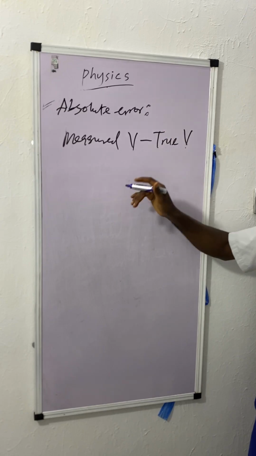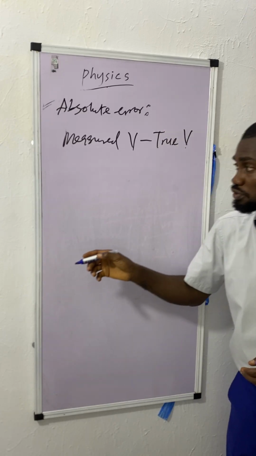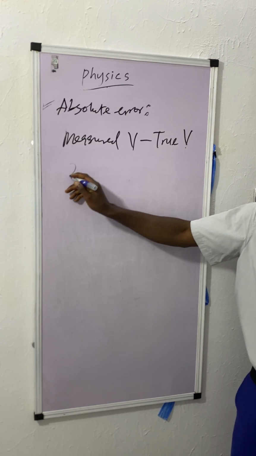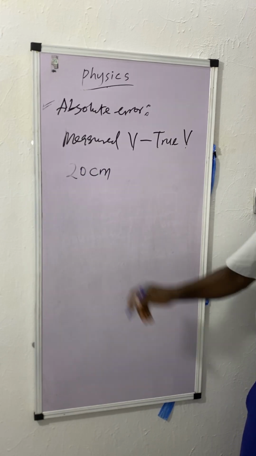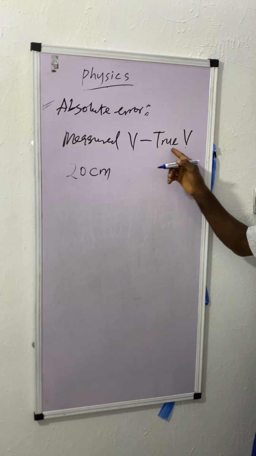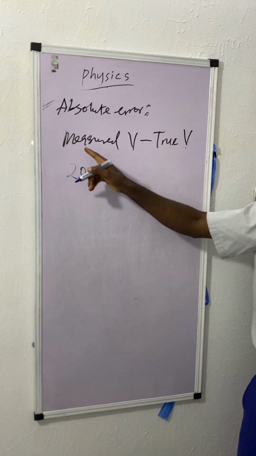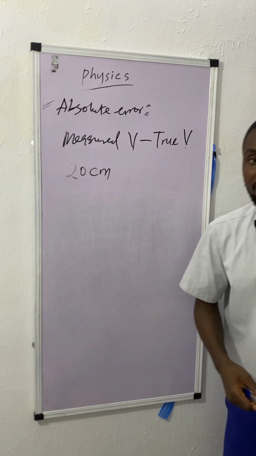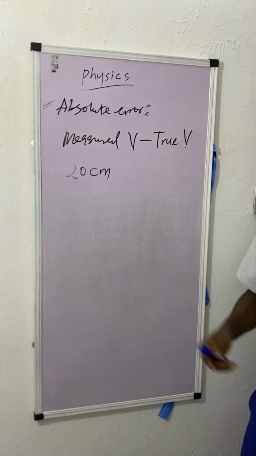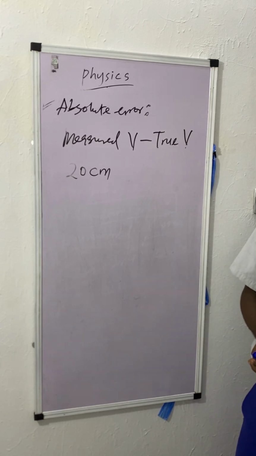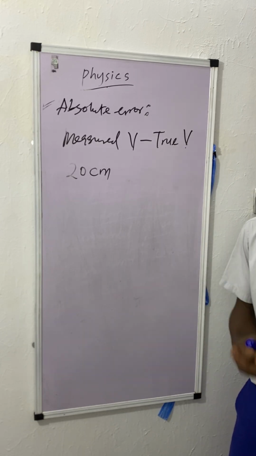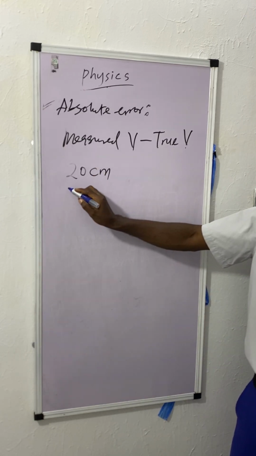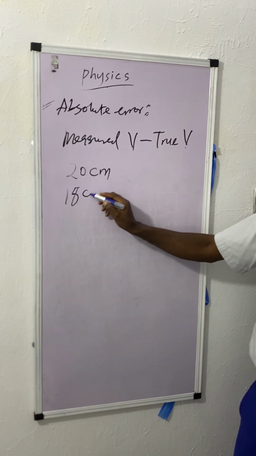Let's say, for example, the length of this board is supposed to be 20 centimeters. That is the true value. While I measured, because of faulty equipment or whatever error I experienced, it could be systematic error, it could be erratic error, and so on, I got 18 centimeters.